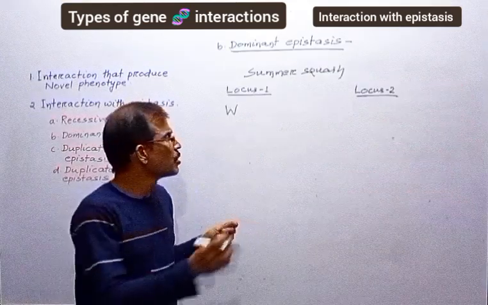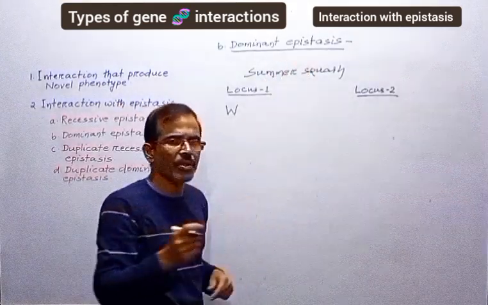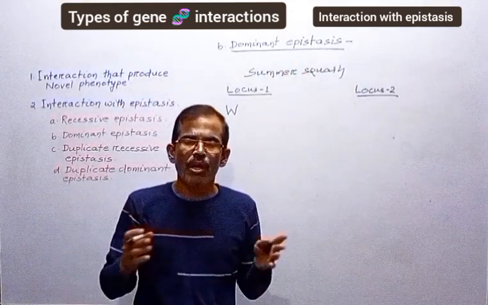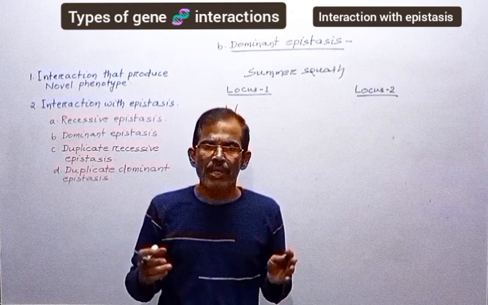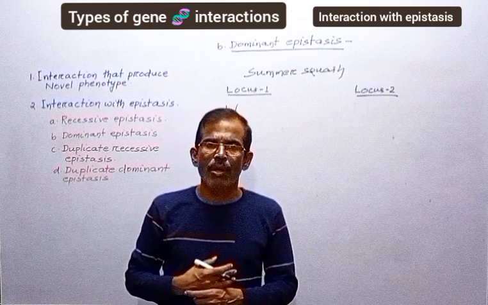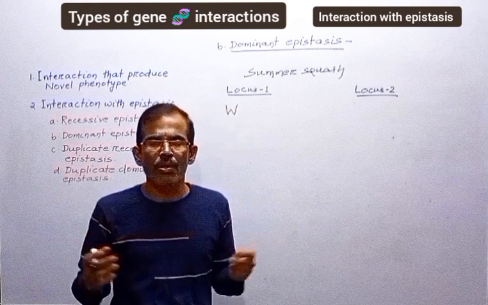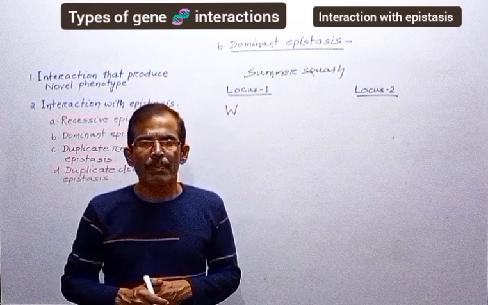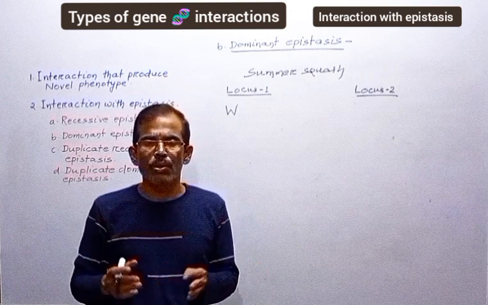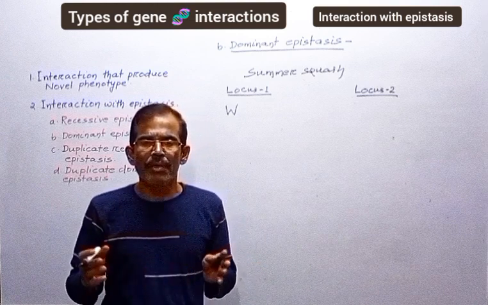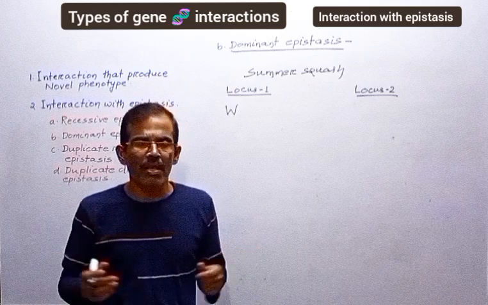Second one is dominant epistasis, in which a single copy of a dominant allele is required to inhibit the expression of the alleles at a different locus. Dominant epistasis is seen in the interaction between two loci that determine fruit color in summer squash.